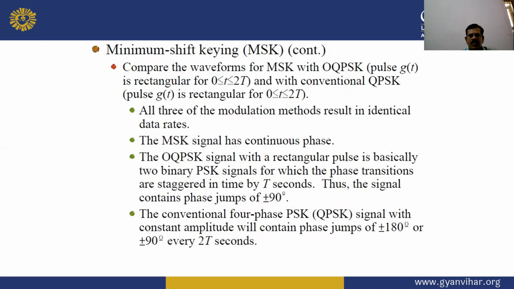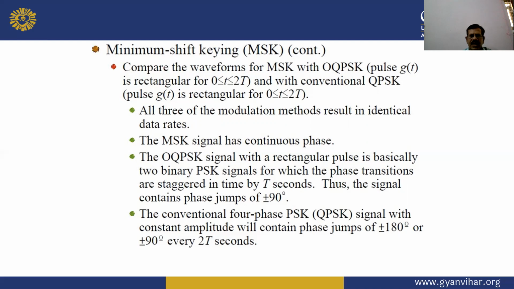Compare the waveform for MSK with OQPSK, where the pulse g(t) is rectangular for 0 less than t less than 2T, and with conventional QPSK, where the pulse g(t) is rectangular for 0 less than t less than 2T. All three modulation methods result in identical data rates. The MSK signal has continuous phase.